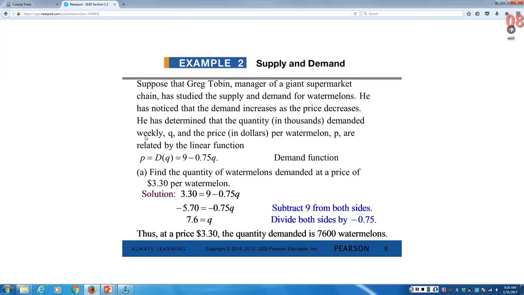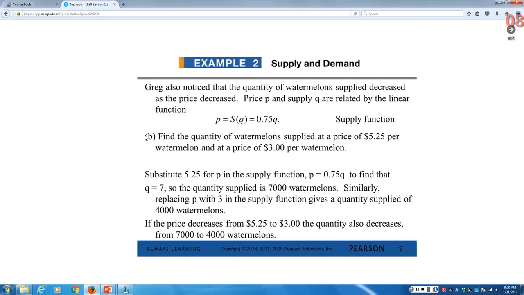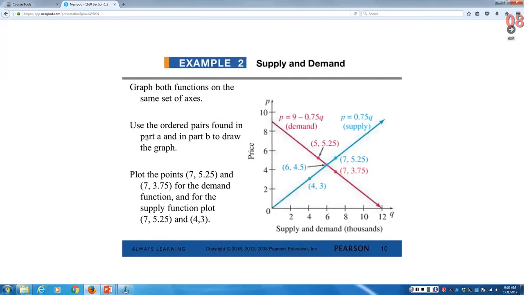And we did this problem all the way through. And at the end, we graphed both of the equations, the supply equation and the demand equation, and we found that those two had the same point in common at 6 and 4.5, meaning that the supply and the demand would have been 6,000 at a price of $4.50.